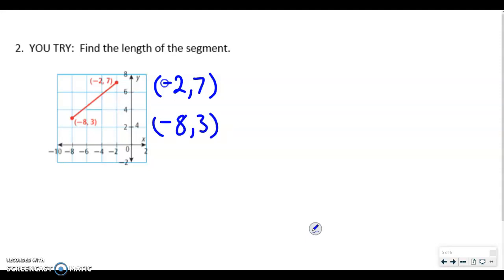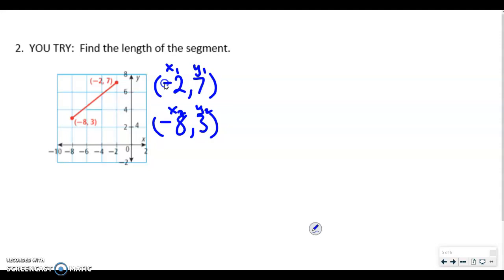We can call negative 2, 7 our x1, y1. Negative 8 can be our x2, and 3 our y2. And I could have done that the other way. Negative 2, 7 could have been the x2, y2. That's okay. Then we need to plug those into our distance formula. Actually, we don't have names for the points.